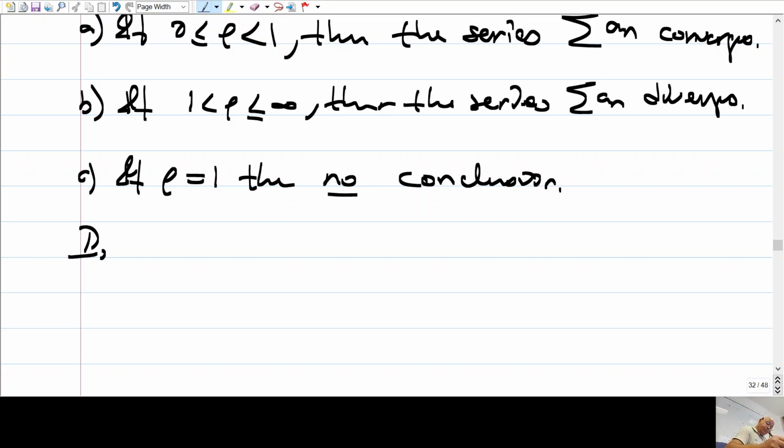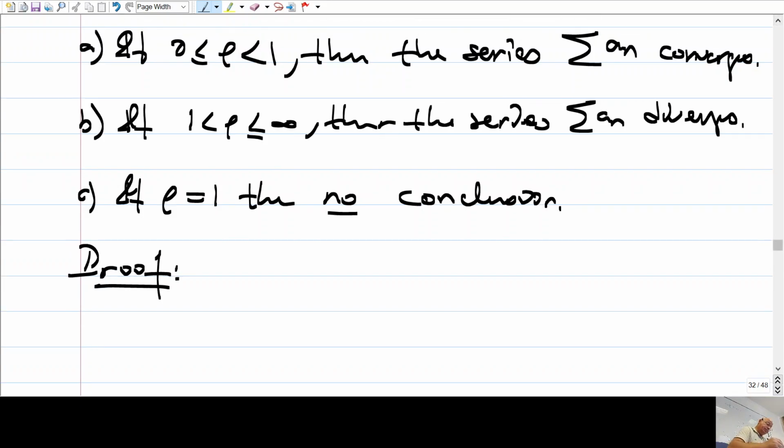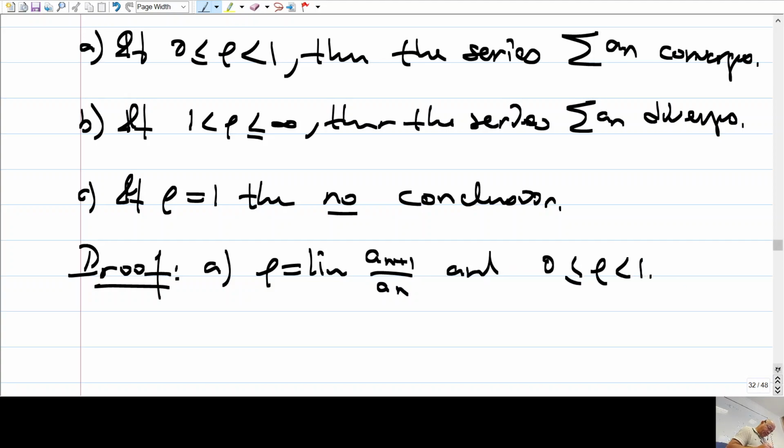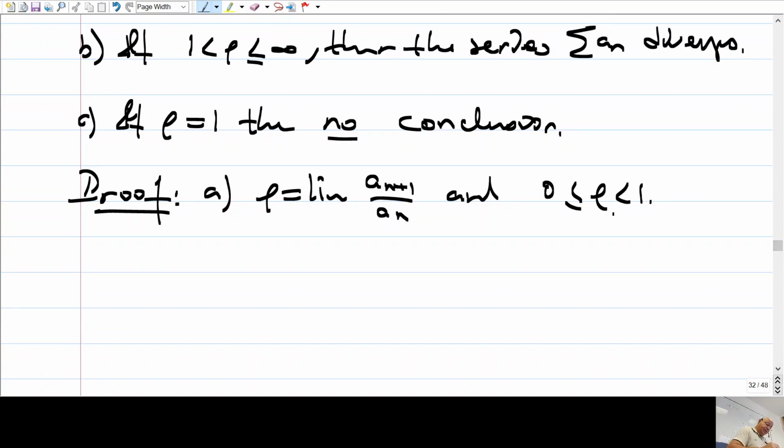And here is the proof. Okay, now let's first do this one. So rho is the limit of a_{n+1} over a_n, and we assume this rho is less than 1. Well, if this is the case, so this rho is somewhere here. It is strictly less than 1.